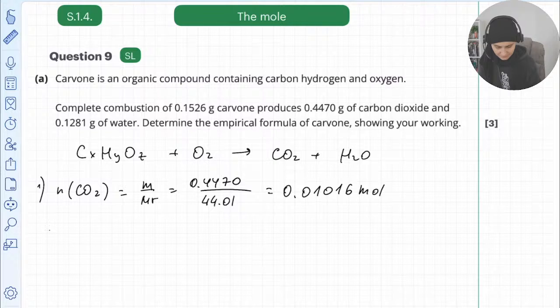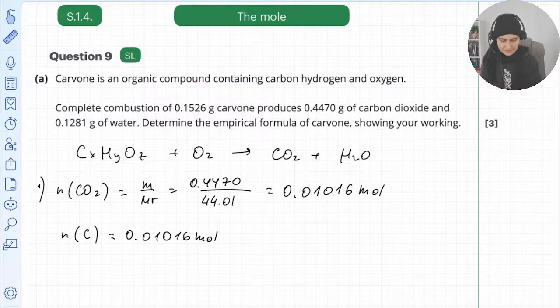Then we find the number of moles of carbon atoms. In one molecule of CO2 there is one carbon atom, so the number of moles of carbon atoms equals the number of moles of CO2. So that's the same.